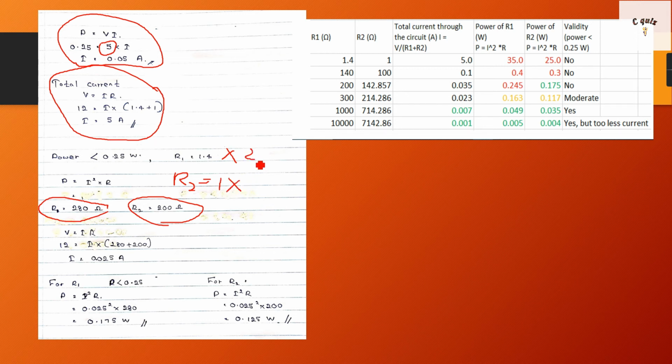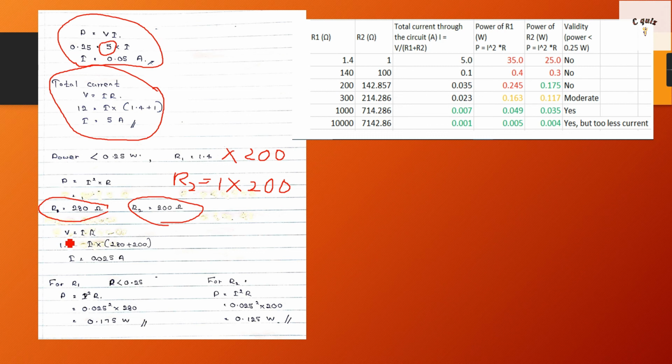Because we know that when we are getting this ratio, we need to find suitable values for the resistors. So that's why I just think of a value and multiply both resistors.